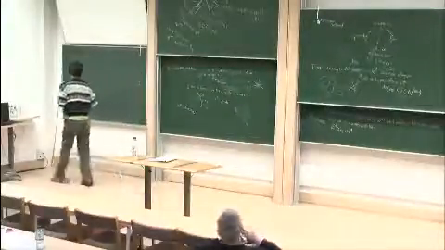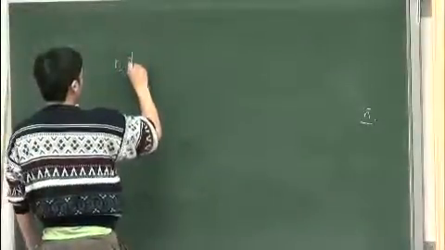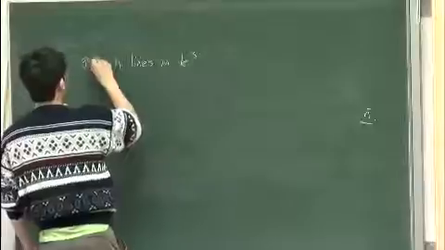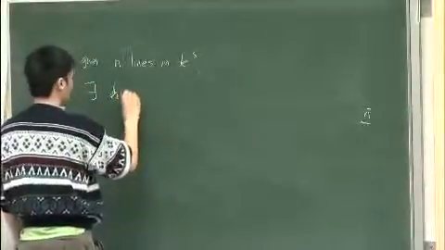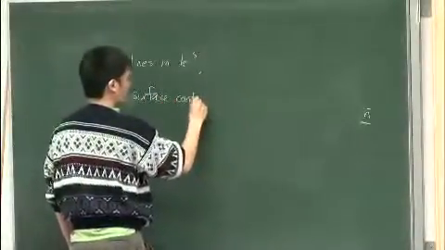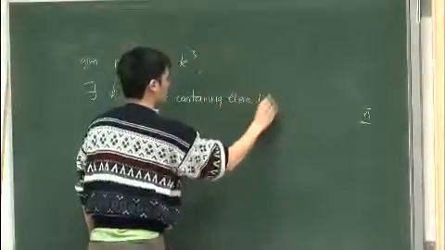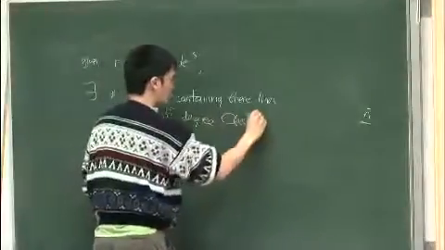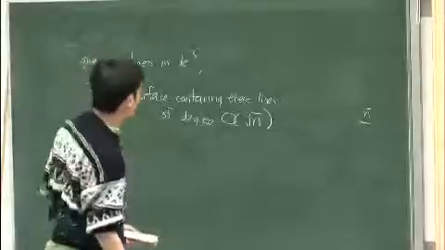So if you accept that fact, then given n lines in free space, there is a hypersurface, not just a surface now, containing these lines, of degree root n. Just from this, it's basically an algebra fact.